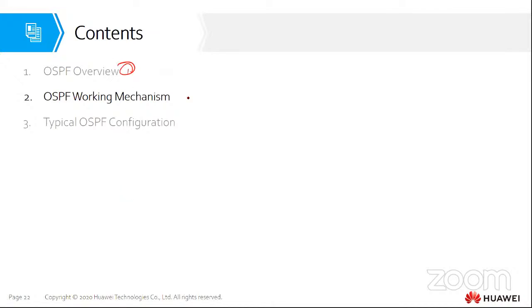And now we are going to dive into the working mechanism of OSPF to understand what exactly happens in OSPF behind the scenes. How does it do what it needs to do? And how does it achieve the goal of routing to the final destination? How is OSPF very capable of implementing scalability?